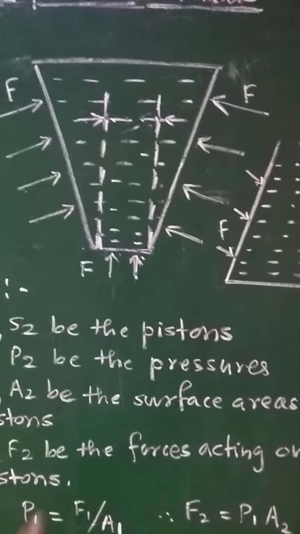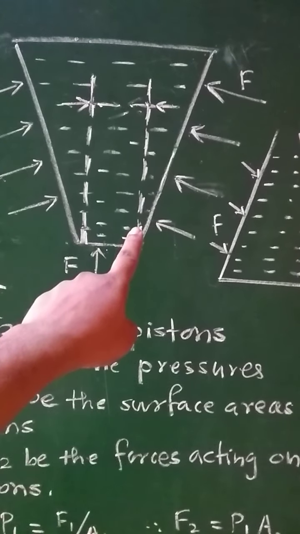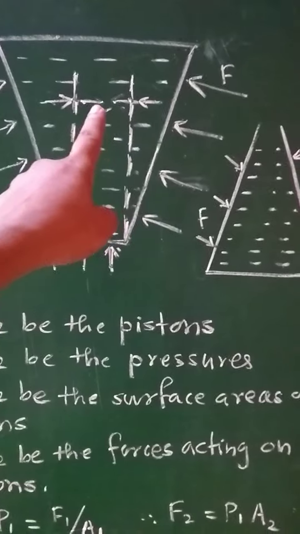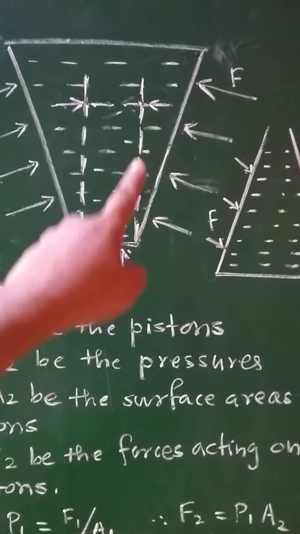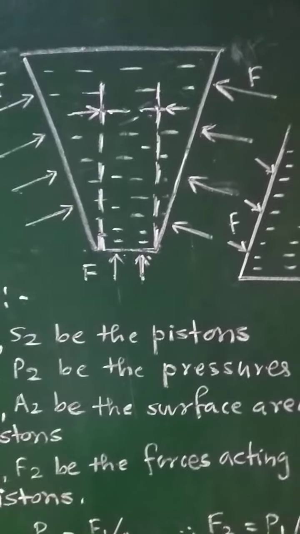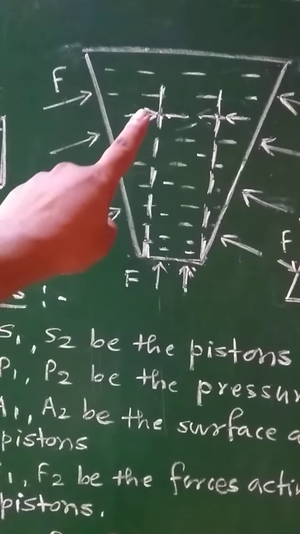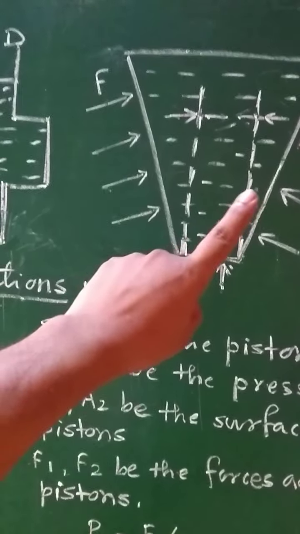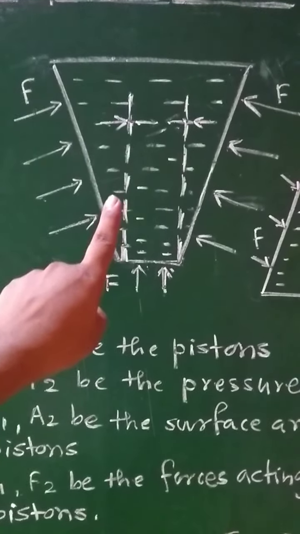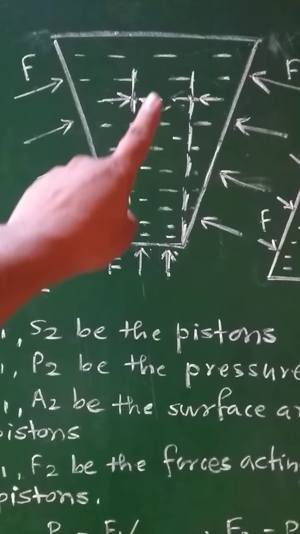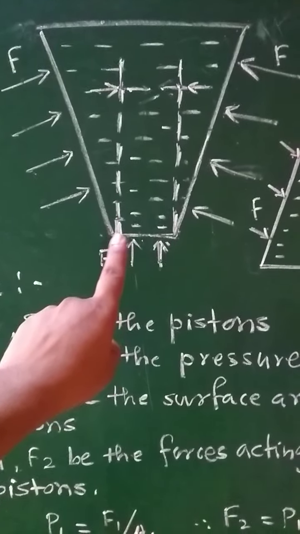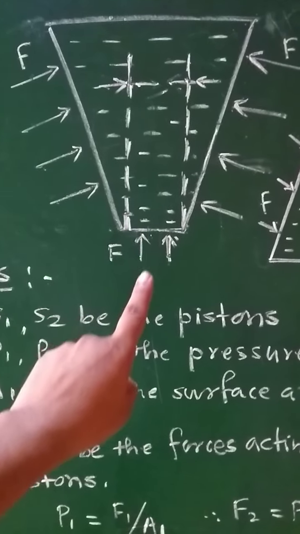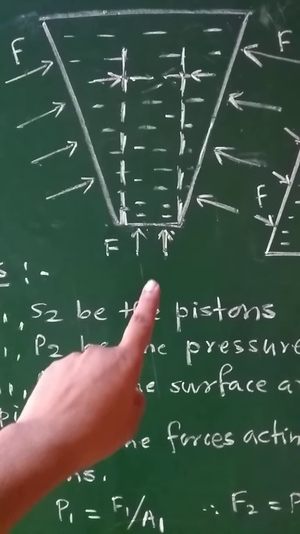At the same moment, the walls will also exert inward force, perpendicular to the walls, so that these forces directed inwards will be equal in magnitude and opposite in direction. That's why they will cancel each other, and the total force exerted will be on the base of this vessel, that is the weight of this liquid column directed downwards.